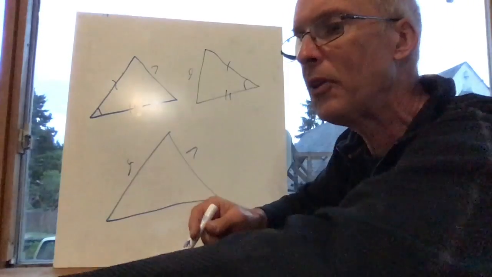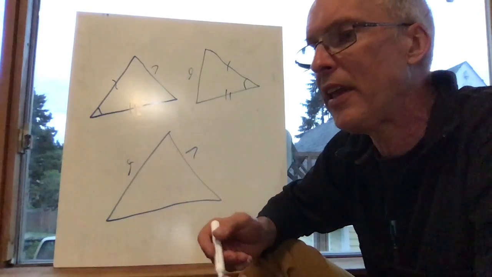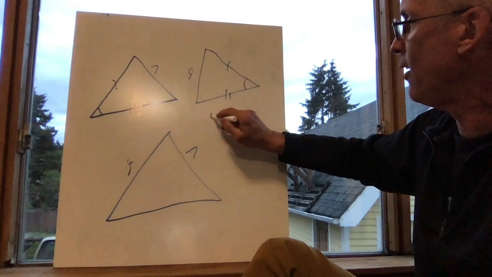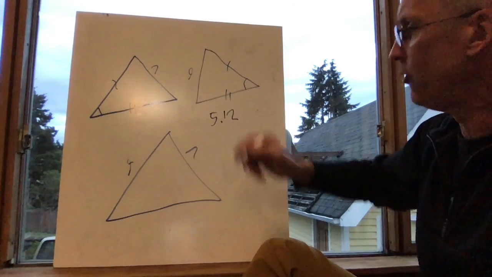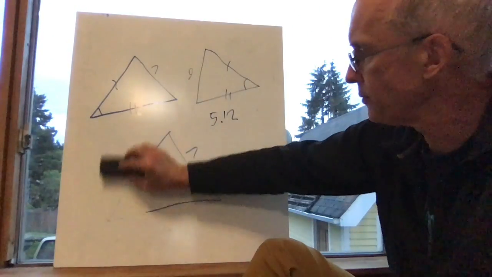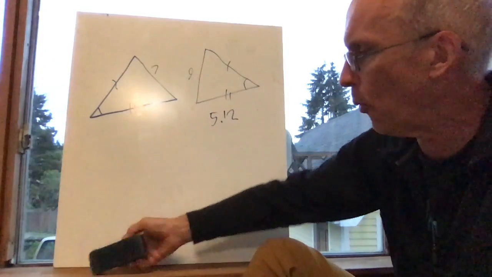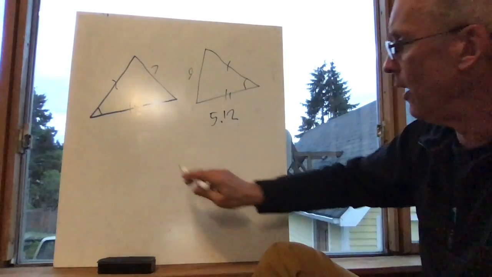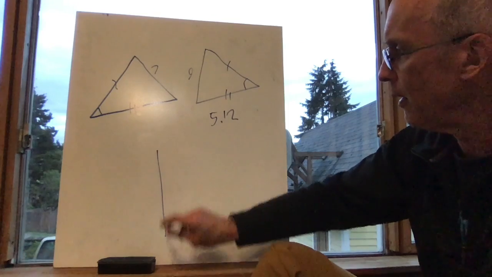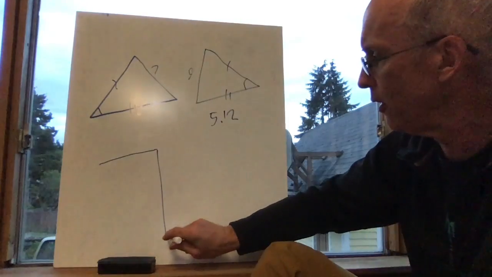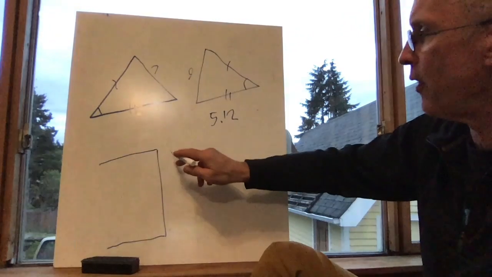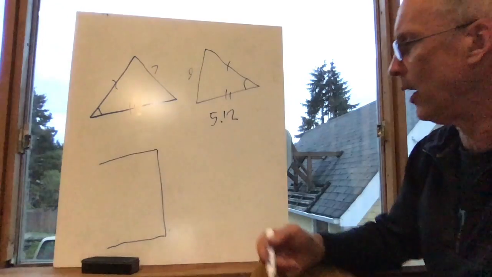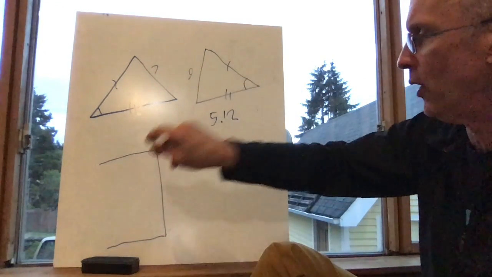Let's see, what theorem is this? Oh, it's called the hinge theorem. It's 5.12. Think about it like a door. You've got a wall. I don't know how to draw this exactly. Oh, let me just show you from above.